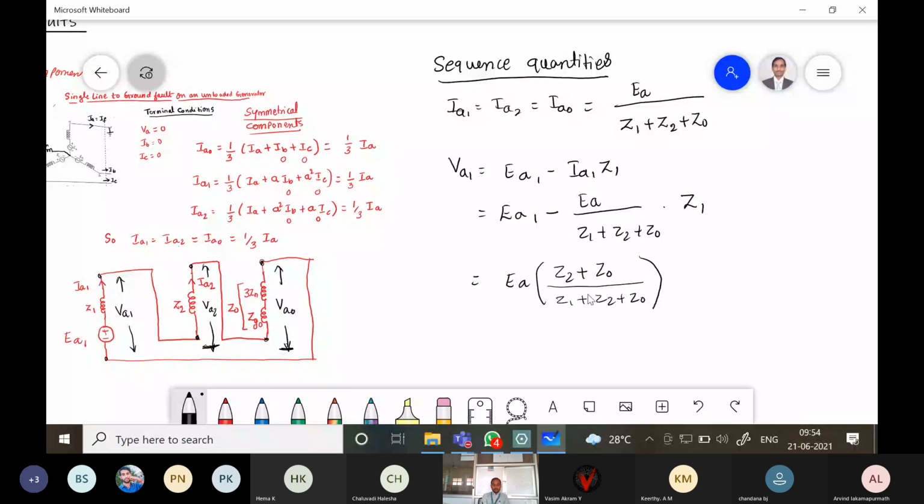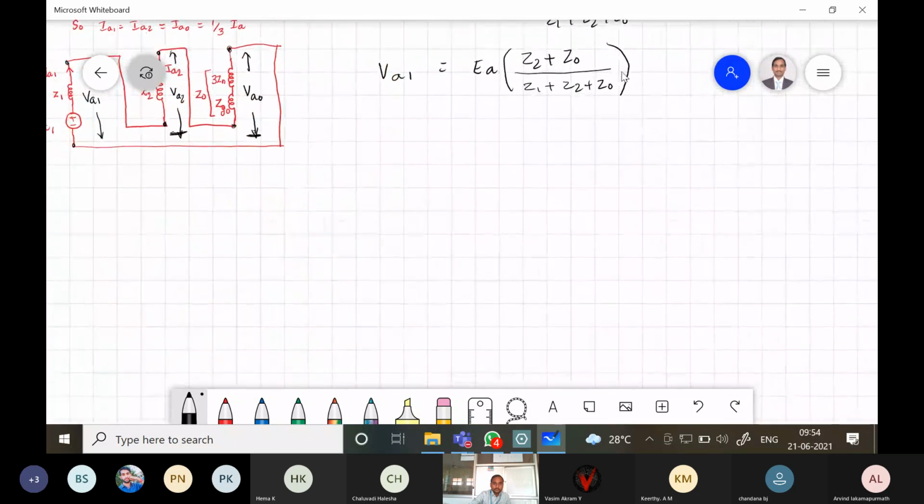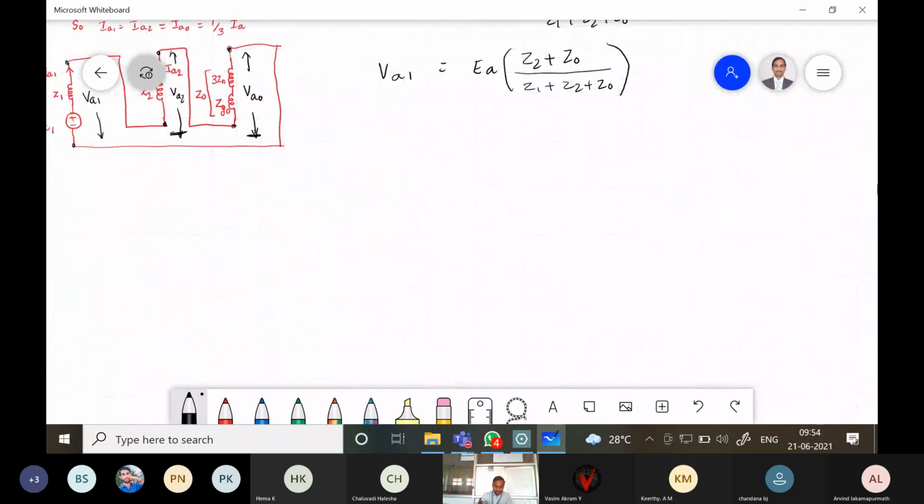This is equal to VA1. This is equation number 1.